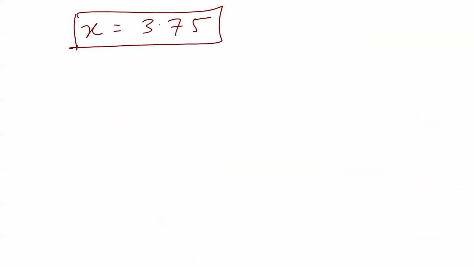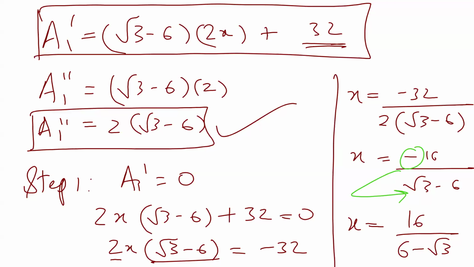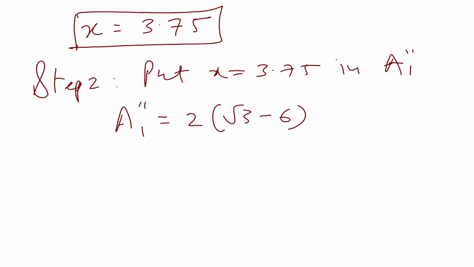So step 2: put x is equal to 3.75 in a1 double dash. Now a1 double dash is equal to twice root 3 minus 6. Right?